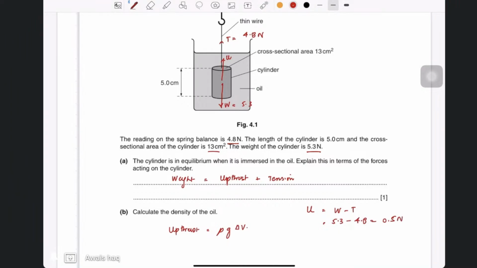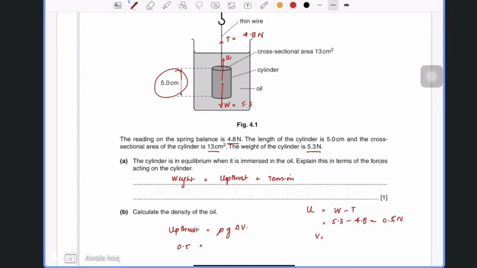Yes. And then you need the volume as well, because you have the cross sectional area and the height. So volume is area times height, so it's going to be 13 times 5, which is 65. Okay, 65 centimeter cube.